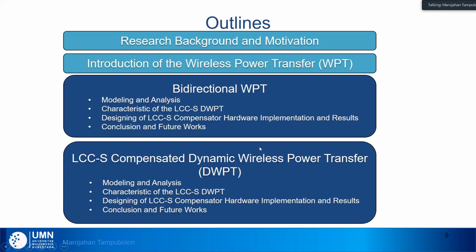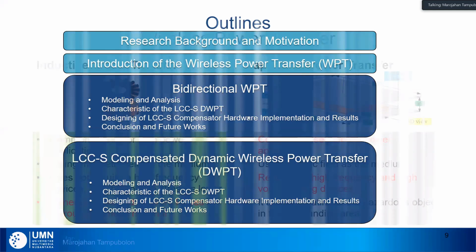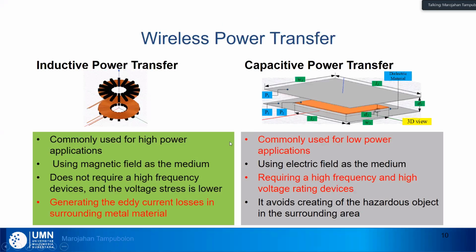Now let's move on to the introduction of wireless power transfer. So this one is the basic one. I hope that everyone will get the picture if you are not in this area. There are two common types of wireless power transfer. One is the inductive type. Another one is the capacitive type.